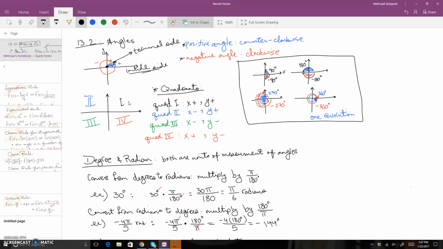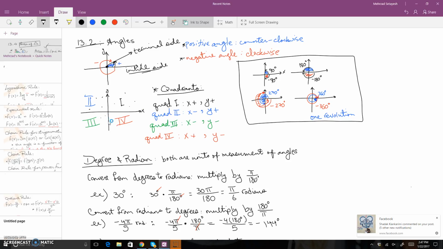Now, what's so special about these is that any point that I take in quadrant 1, I know that its x and y coordinates are positive. Any point that I take in quadrant 2, doesn't matter where, as long as that point is in the second quadrant, I know that its x coordinate is negative and its y coordinate is positive, because we have y up here and we have x here.